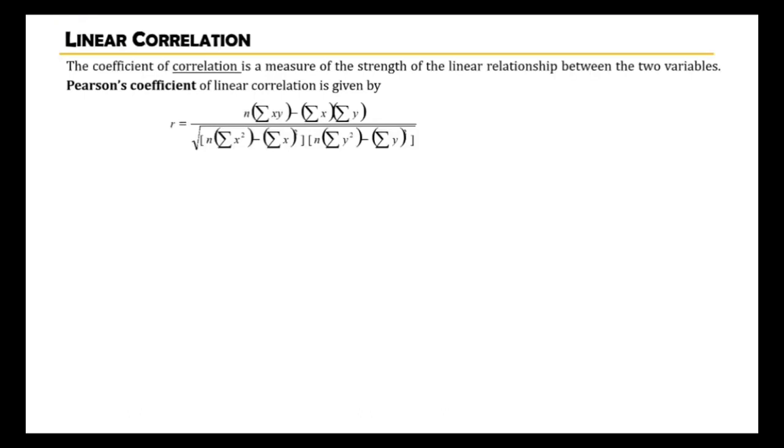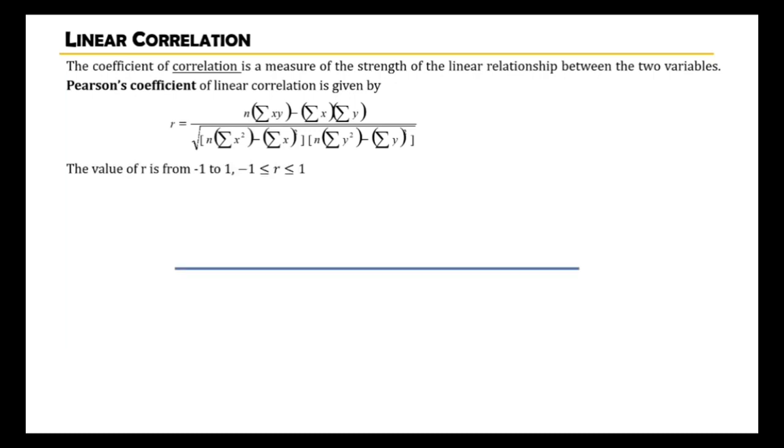The coefficient of correlation is a measure of the strength of the linear relationship between two variables. And this strength is measured by Pearson's coefficient, given by this formula. The value of r is from -1 to 1, and we can interpret r using this guideline.